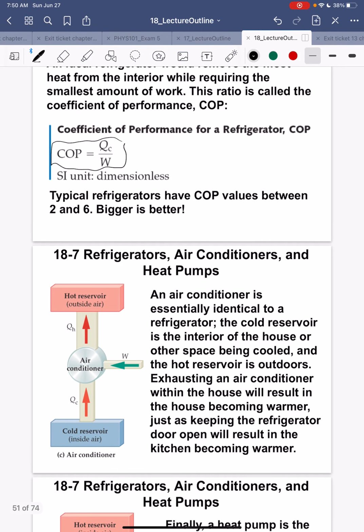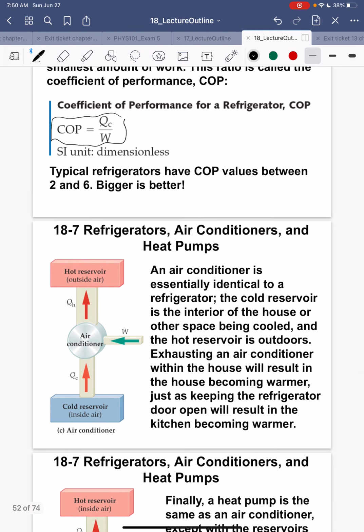Here we are representing an air conditioning system, and it is very similar to the refrigerator. The cold reservoir is the interior of the house or other space which we intend to cool, and the hot reservoir is the outside environment.